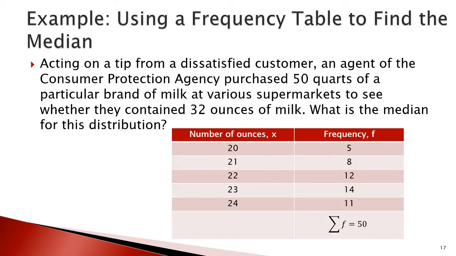What is the median of this distribution? As you can see, the numbers of ounces are 20, 21, 22, 23 and 24, and there are frequencies related to each number of ounces. Altogether there are 50 observations, right?